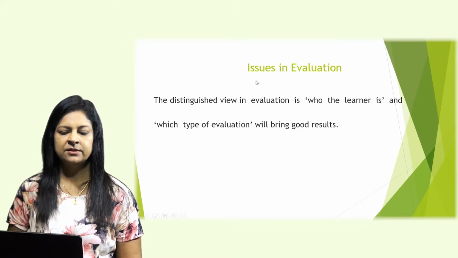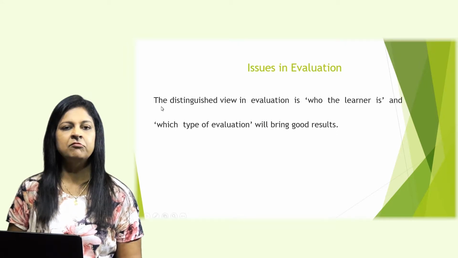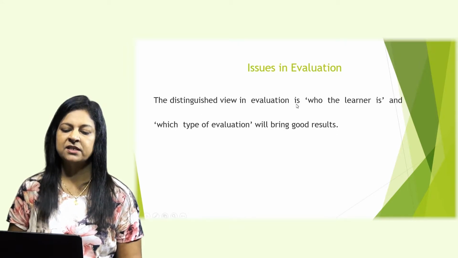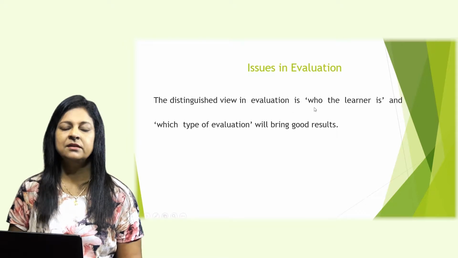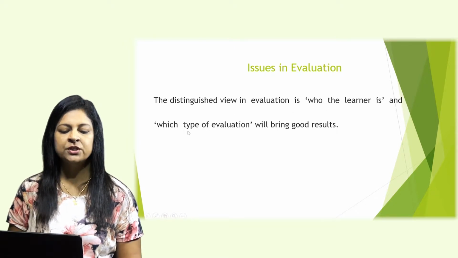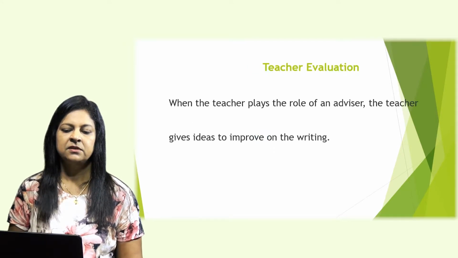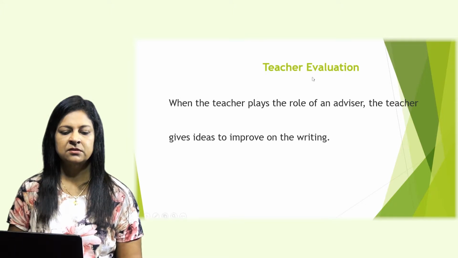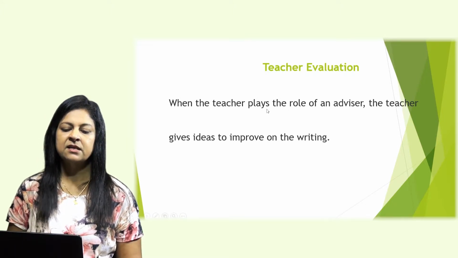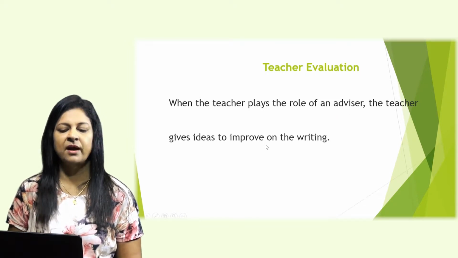Issues in evaluation. The distinguishing issue in evaluation is who the learner is and which type of evaluation will bring good results. Teacher evaluation. When the teacher plays the role of an advisor, the teacher gives ideas to improve the writing.